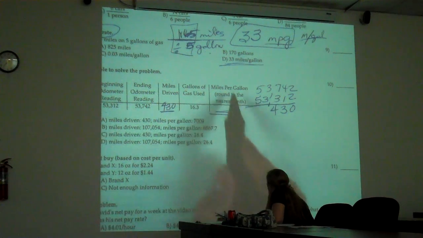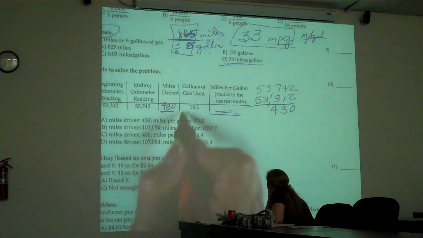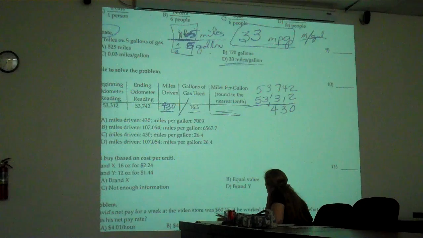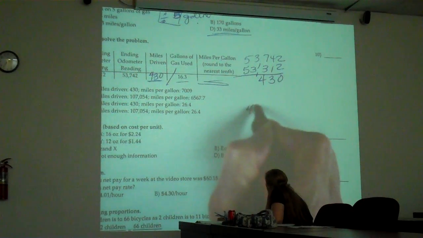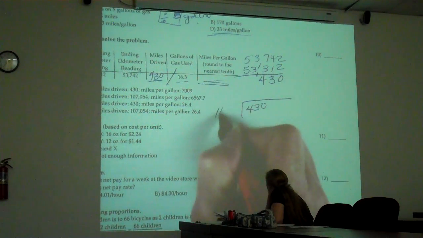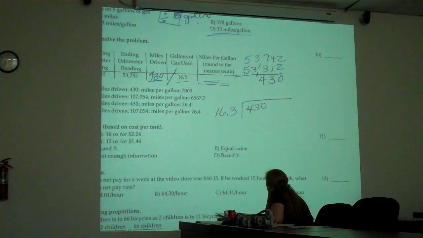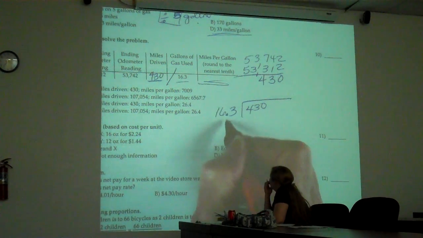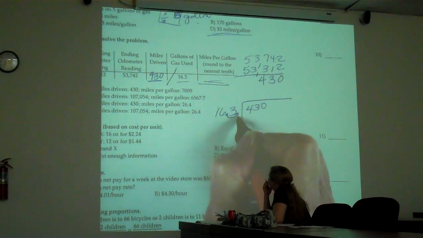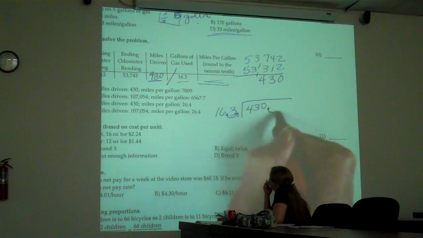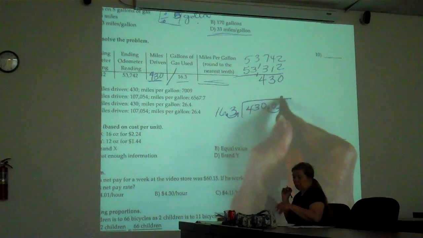Now, miles per gallon, you need to do miles divided by gallons. So you'll do 430 divided by 16.3. See, that came out more normal, like it normally would be, with a decimal. Move your decimal on the outside, move your decimal on the inside.